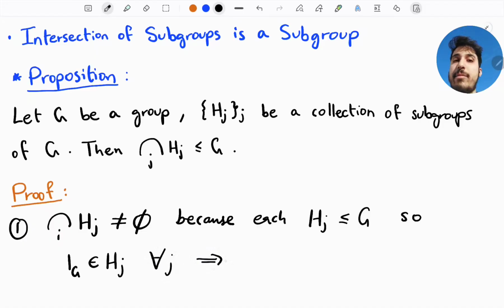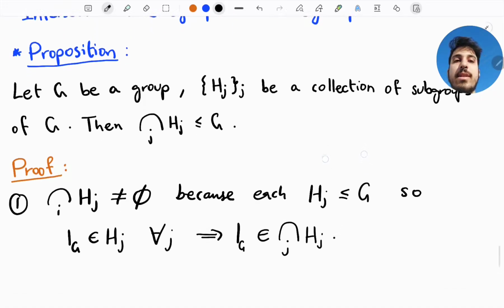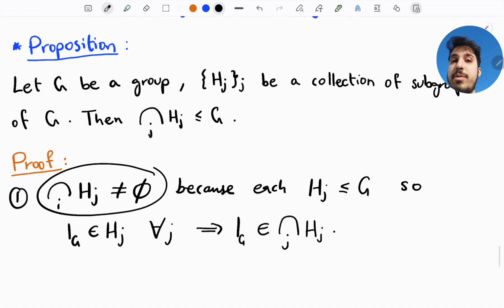So that means that if we take the intersection of all the H_j's, we will definitely have that the identity is inside the intersection since it is found in each of the individual subgroups. So therefore, this is proven.